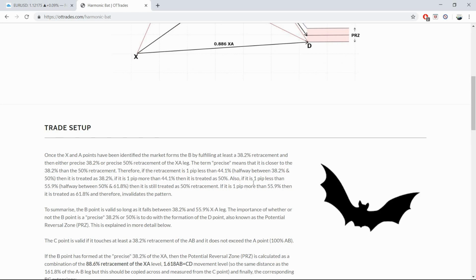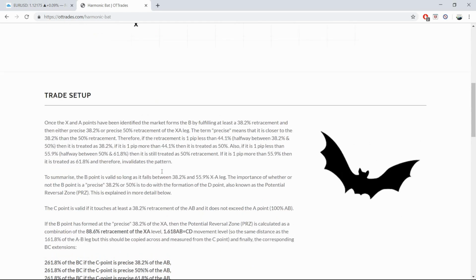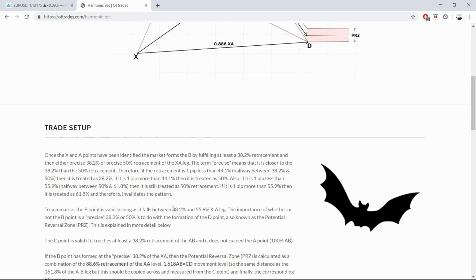If it is 1 pip more than 55.9, then it's treated as 61.8 and therefore invalidates this pattern. So to summarize, the B point is valid so long as it falls between 38.2 and 55.9. Now, the precise 382 or precise 50% comes into play for the D point completion, but we'll get to that later. Essentially, so long as it falls between 382 and 55.9, the B point is valid.